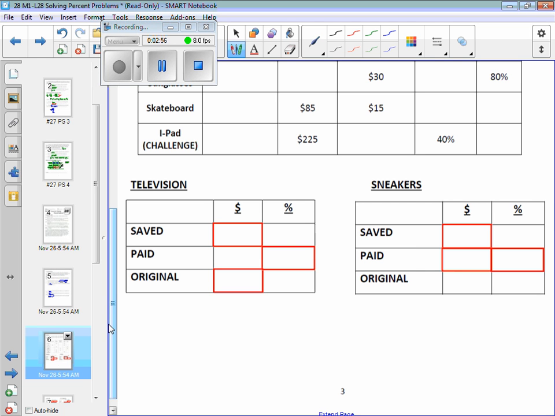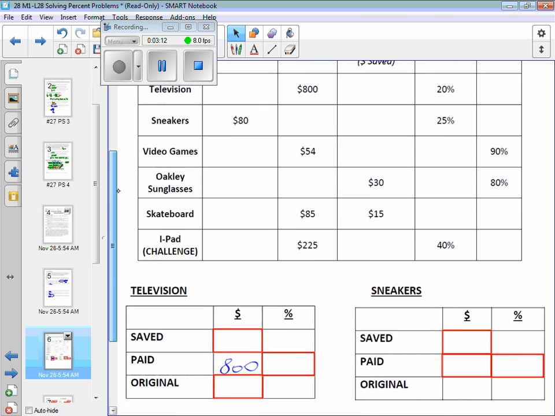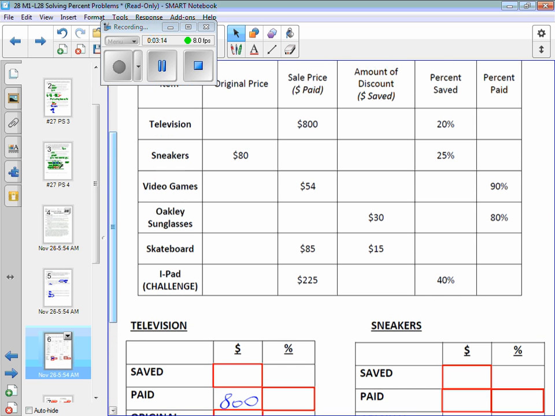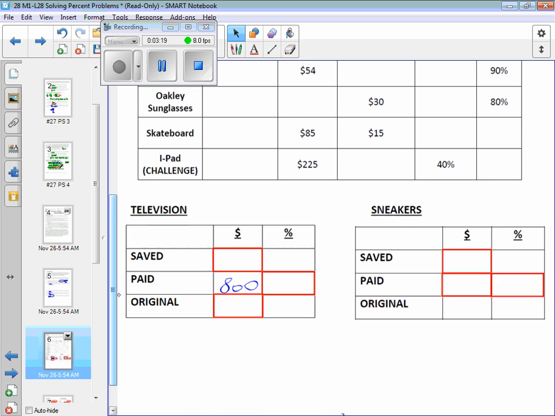Starting with 800, where does it go? Who wants to come up and put it in? All right, Liam, come on up. I'm going to give you blue. I'm going to keep it color coordinated. Is that right? Yup, it is. Here's how he did it. $800 is the dollars paid, so he put it in the column for dollars and the row for paid.